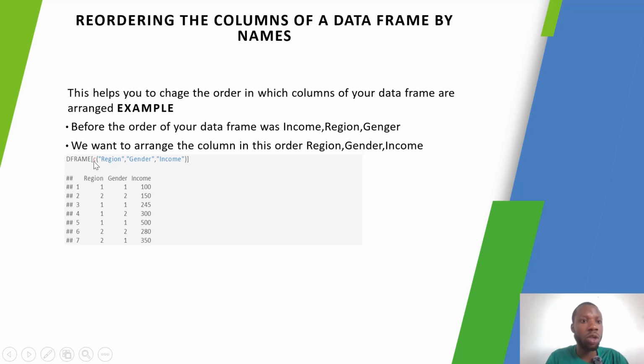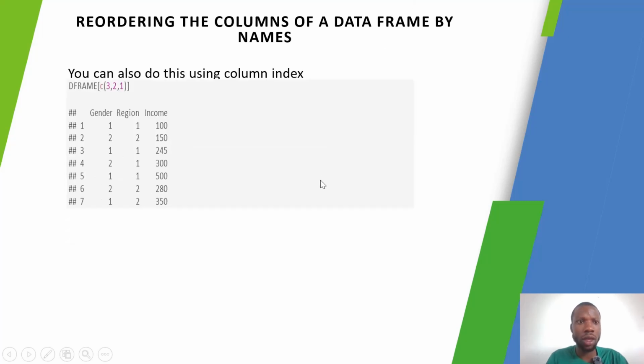So what you do, you type the name of the data frame, and then you put the square bracket, and then you put the function c, which is the concatenate function, open the bracket, and put region, gender, and income, but you have to make sure that you put them in quotations. Then your data frame is going to be ordered correctly. So this is ordering by using names.